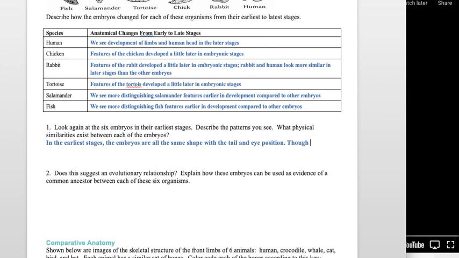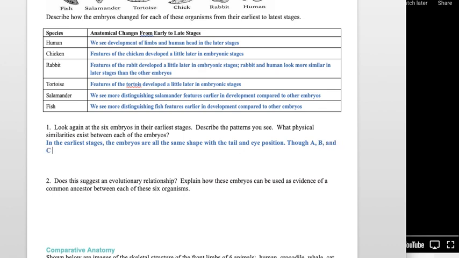I would say though A, B, and C look more closely related than embryos D, E, and F. I would note that as well. So does this suggest an evolutionary relationship? Explain how these embryos can be used as evidence of a common ancestor between each of the 6 organisms.